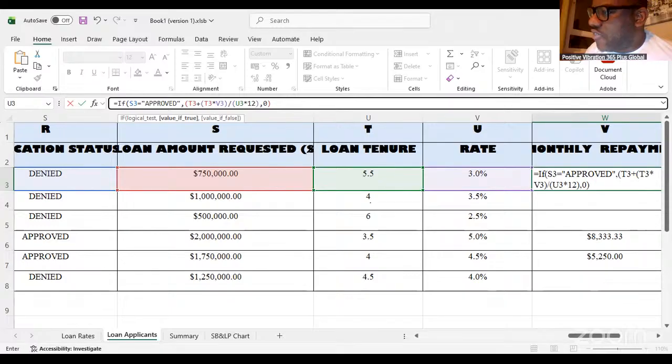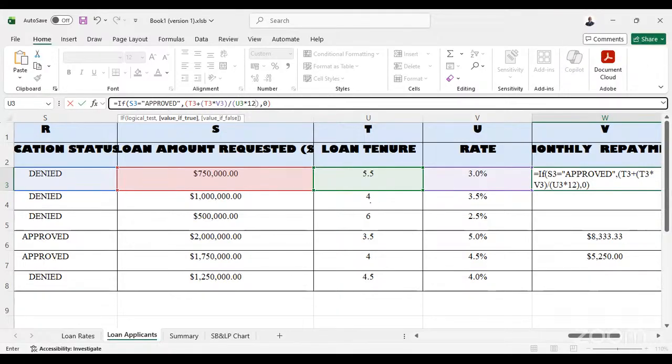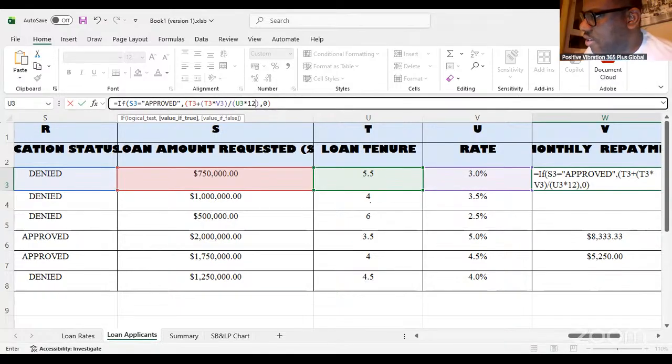So if I have, all right, 5.5 is that amount of years. So when we multiply 5.5 times 12, we get 66.